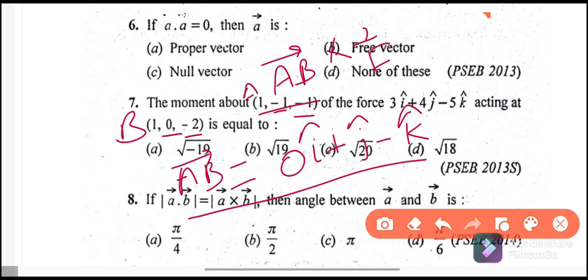Now moment is equal to AB cross F, F is equal to this.